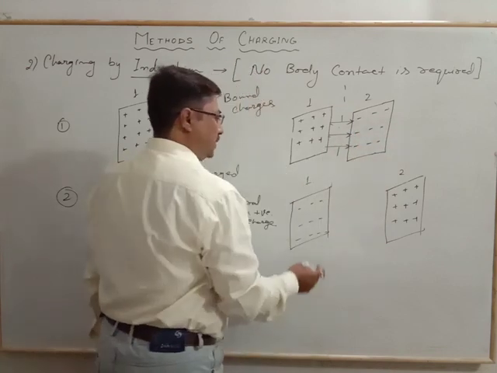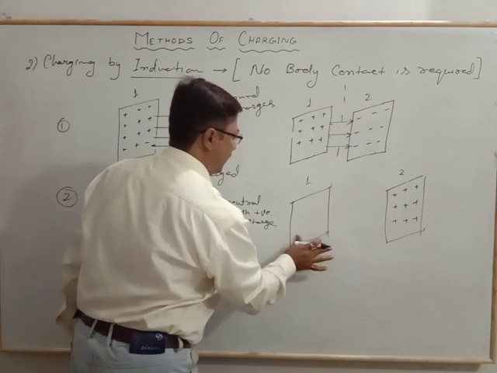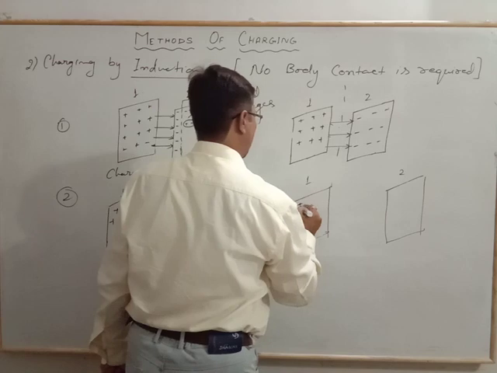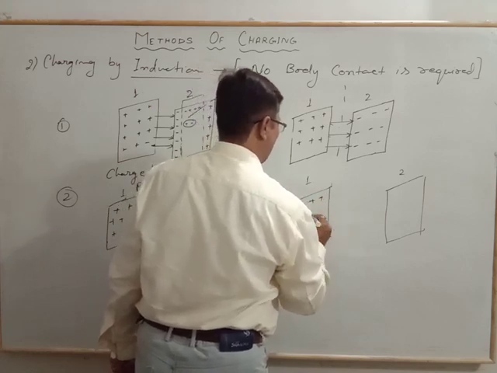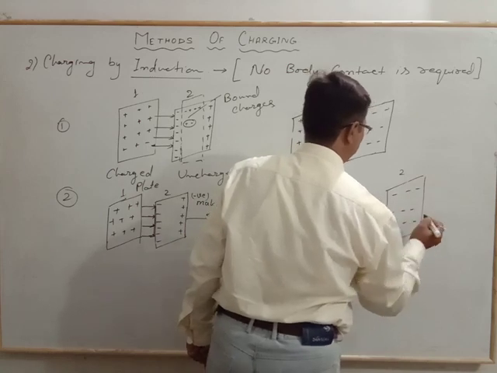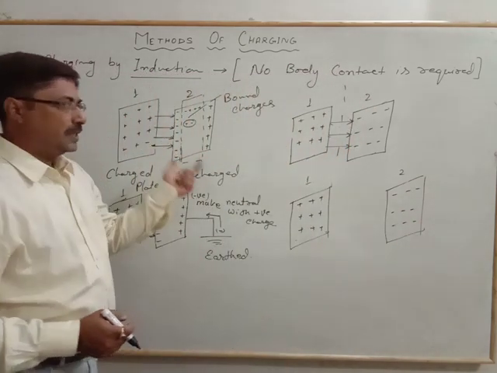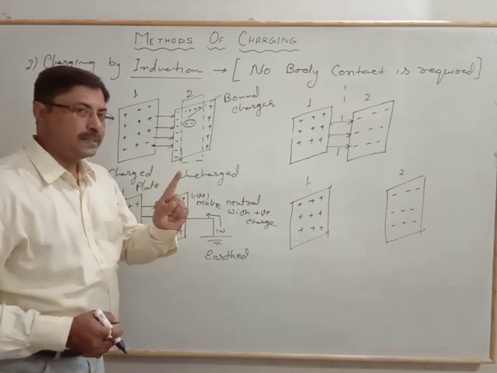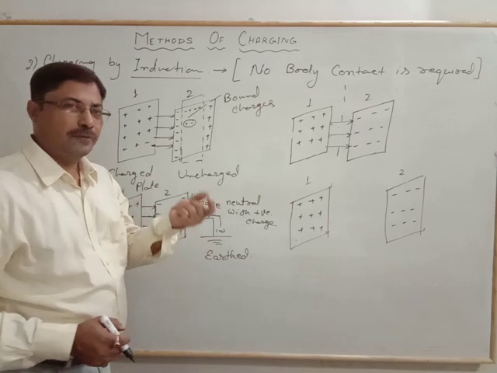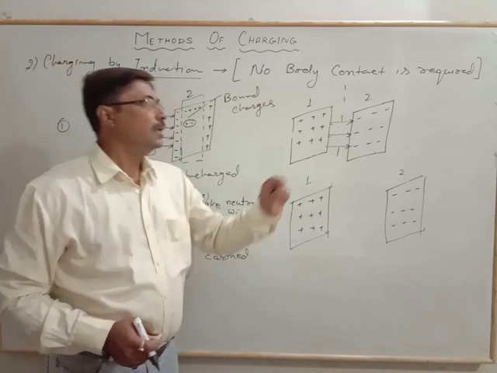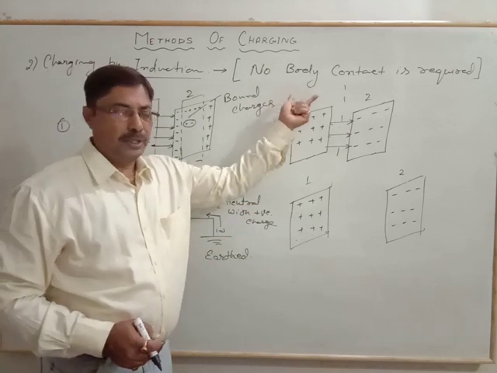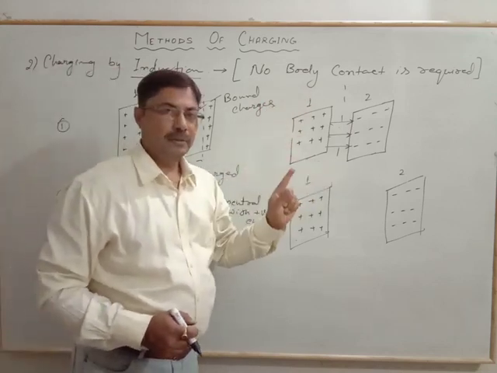When we do the separation, again we find the same way that plate 2 gets charged, but in the opposite way: plate 1 was positive and plate 2 becomes negative. So my purpose is to first understand the method of induction. There is induction of the charge on the second plate, and there is no contact between the charged body and the uncharged body.